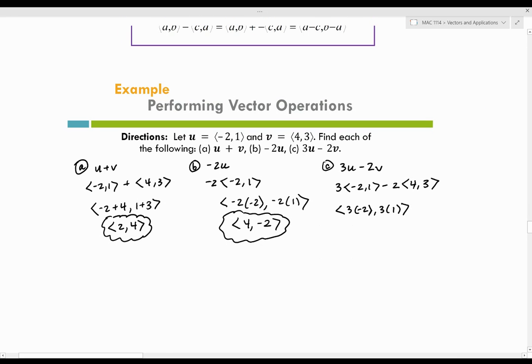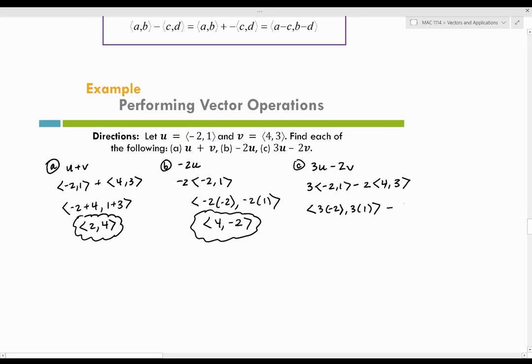And I'm also going to multiply the second vector by a scalar of 2. All right, so the first one is going to give me -6, 3, and 8, 6.